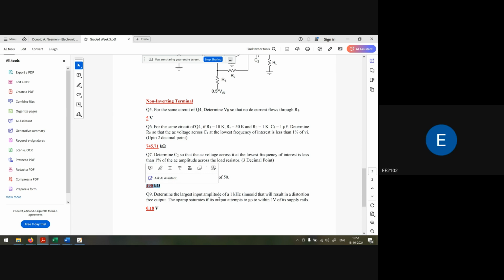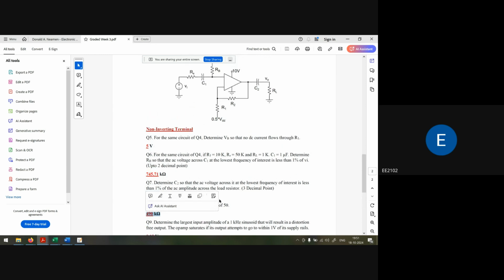Okay, the output can go up to 9 volts. Why? Because the supply is 10 volts. Yes, okay. So the output goes up to 9 volts.